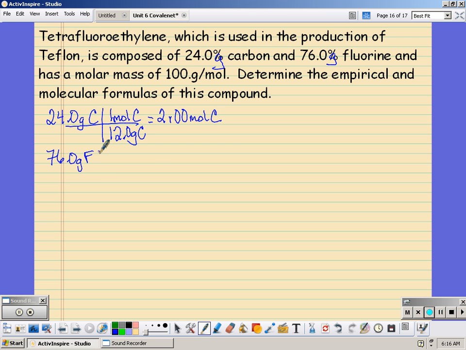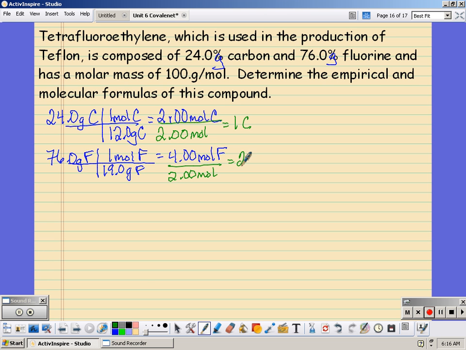Fluorine has a molar mass of 19 for every 1 mole. Then you divide by the smallest. And then you can write the formula. So this is my empirical formula.